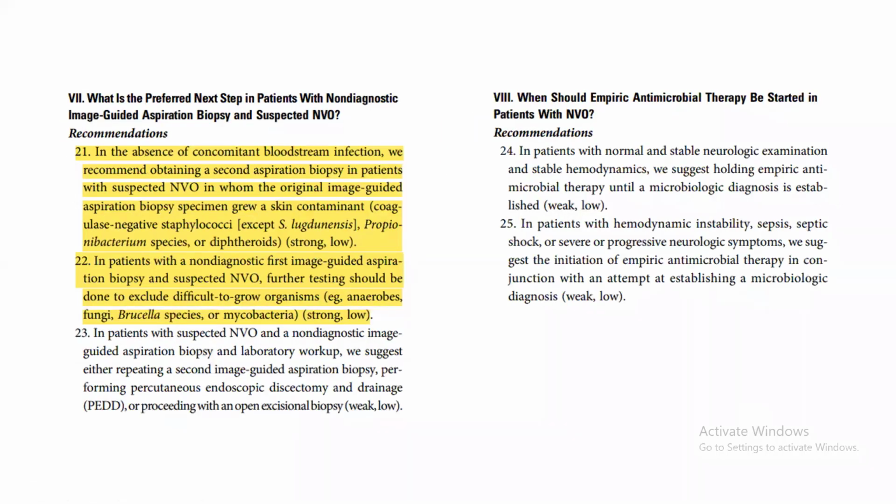And then when asked about the next step with non-diagnostic imaging-guided aspiration biopsy, in the absence of any sepsis, they recommend obtaining a second aspiration biopsy when there is very high suspicion of NVO, in the case of staph infections or other probable microbes as listed here.